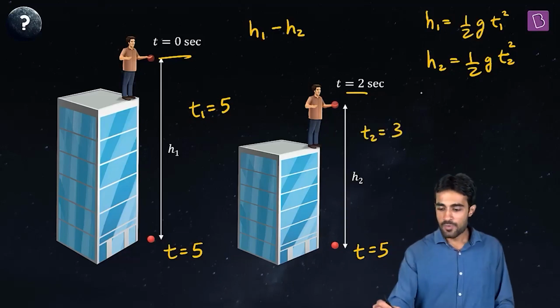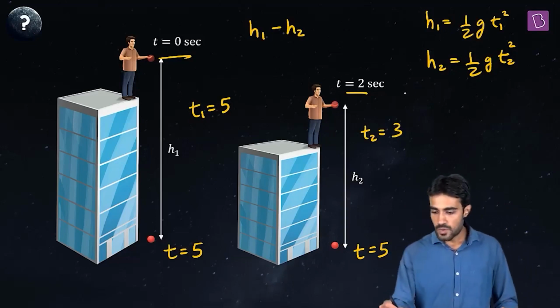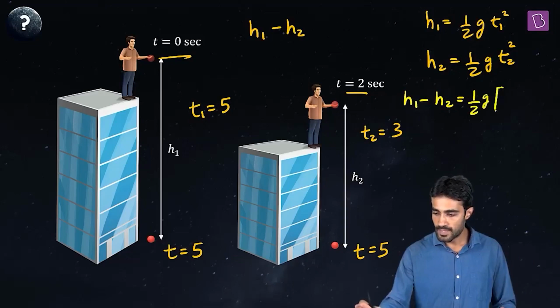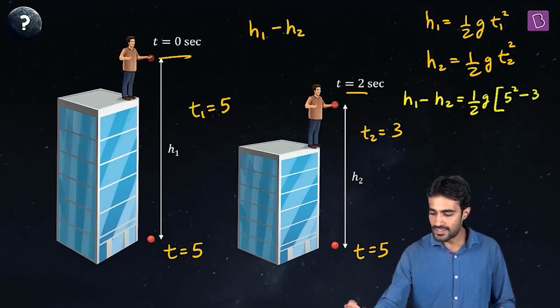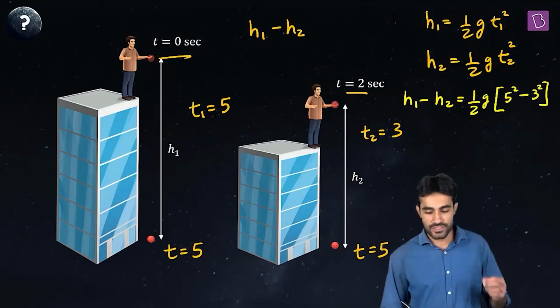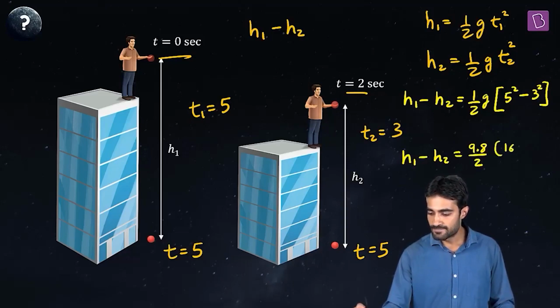Good. Now we can tell what is h1 minus h2. So h1 minus h2 becomes half g, t1 square is 5 square and t2 square is 3 square. Now g is 9.8. So I can write h1 minus h2 is about 9.8 divided by 2 times 16.